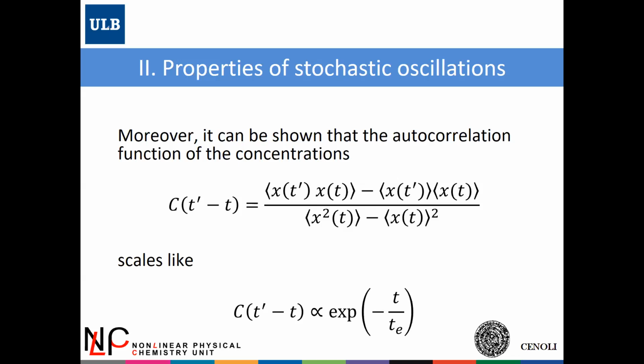And this decaying exponential is what controls the decay of the envelope of the oscillations. In this exponential, one finds TE, which is what we call the autocorrelation time or the correlation time, something that controls how fast this correlation function decays.